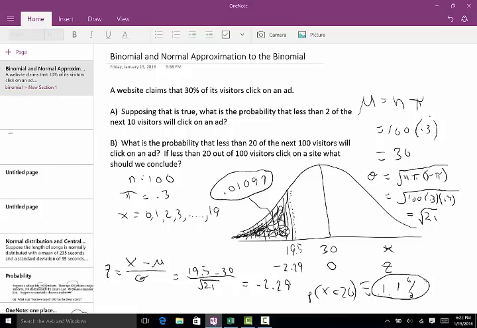So we go out and we have 100 people sampled. They go on the site, and if we found only 19 of them clicked, maybe the website would tell us, oh, but that's just bad luck. And we would say, no, this is such a small probability that we don't think it's luck. At this point, we don't think the 30% that you told us is true. That's today's lesson.